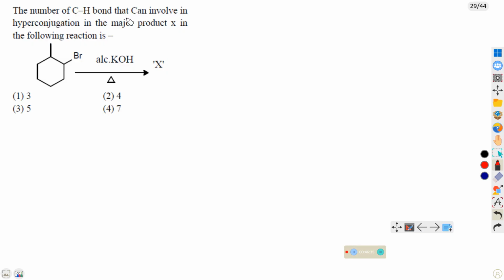The number of CH bonds that can be involved in hyperconjugation in the major product X in the following reaction. What is the major product? The CHF product is the major product. Remove a hydrogen atom from the beta carbon atom, which contains a smaller number of hydrogens.